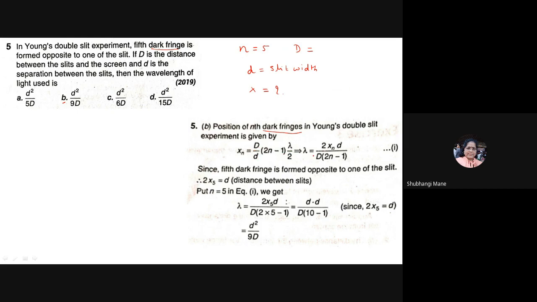From this equation we get lambda equals 2 xn into d upon D into 2n minus 1.